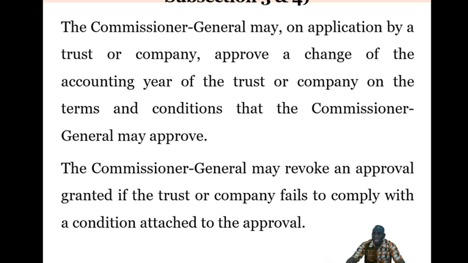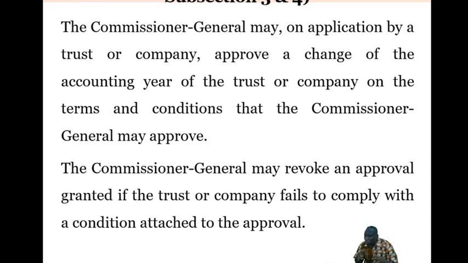The anti-avoidance provision is that before you can change your accounting year, you must apply to the Commissioner General that you want to change, and you must give reasons why you want to change the accounting year, and the reasons must be justifiable. Only then will the Commissioner General approve the application. But even if the application is approved, the Commissioner General will set some conditions, and when you break those conditions, they will revoke your approval. So that is the anti-avoidance provision in the law.